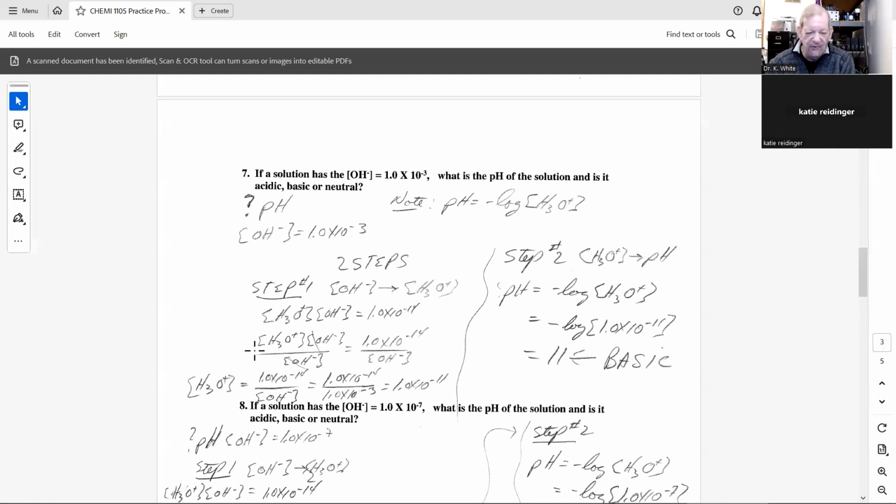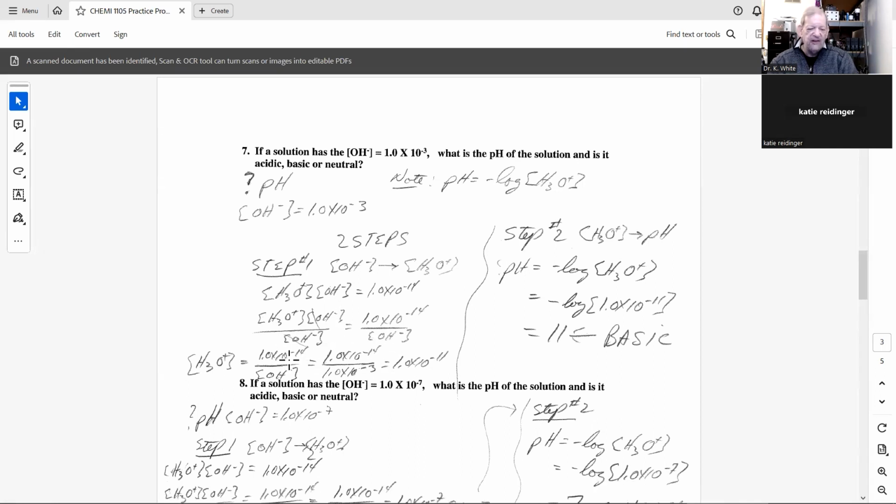So this becomes H3O plus equals 1.0 times 10 to the minus 14 divided by the hydroxide concentration, which I have. I put it in there, use my calculator. Hopefully by now you all know how to do scientific notation.